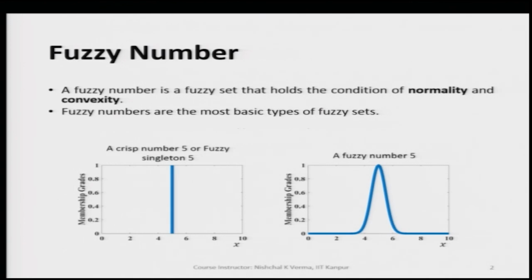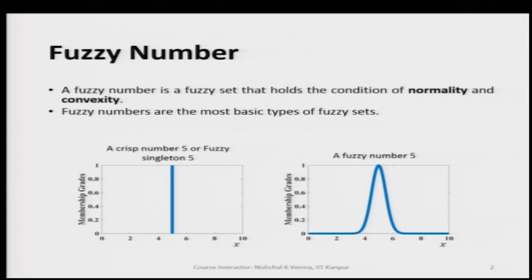So, what does this mean? This means that any fuzzy set which satisfies the properties of normality and convexity is qualified to be a fuzzy number.